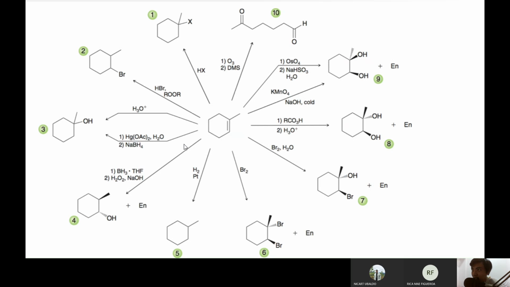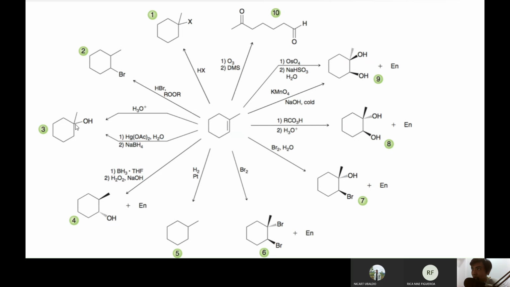This one is the anti-Markovnikov product, because the OH did not attach to the more substituted carbon. The nucleophile attached to the least substituted carbon. Since there is BH3, that's hydroboration-oxidation. This one is the Markovnikov product, where the OH attached to the more substituted carbon.